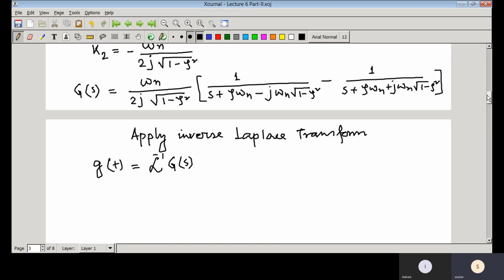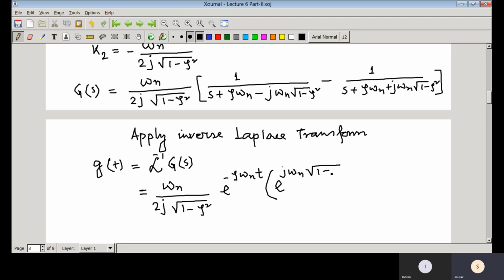Then just applying the formula that we have discussed in part 1, g(t) equal to omega n, this is the common term, square root of 1 minus zeta square, e to the power minus zeta omega n t, exponential j omega n square root of 1 minus zeta square t.